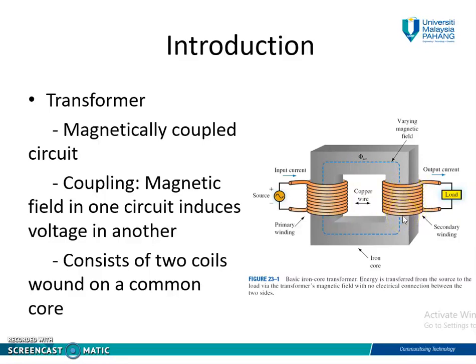The EMF produced depends on the number of coils in the winding. Then if we connect a load across the second winding, current will flow through the circuit. So we have seen that some portion of the input power is transferred to the output in the second winding.